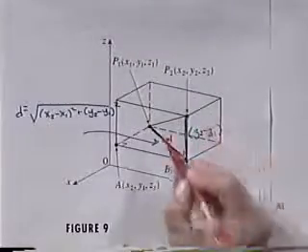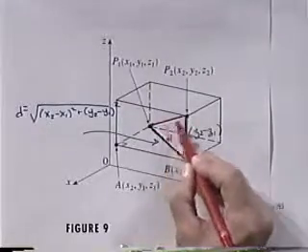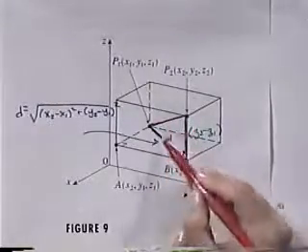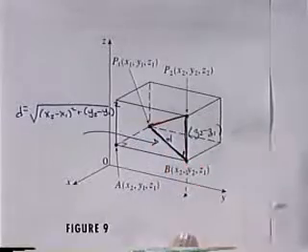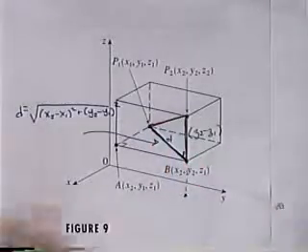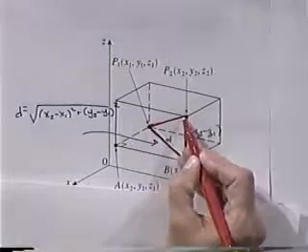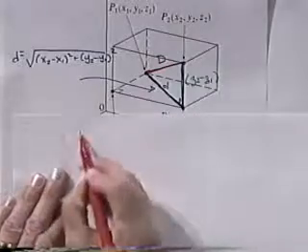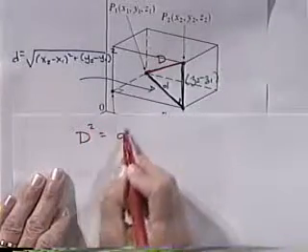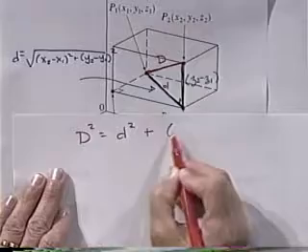So when I want to find this distance, what I have here is a right triangle. And this is my hypotenuse, because this is my right angle right here. So to find this length right here, which I'm going to call big D, what I'm going to use here is big D squared is equal to the sum of the squares of the legs.